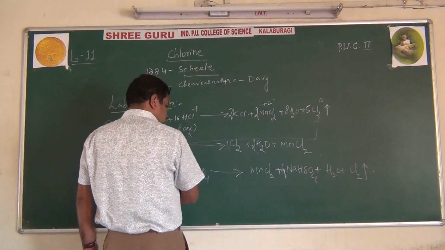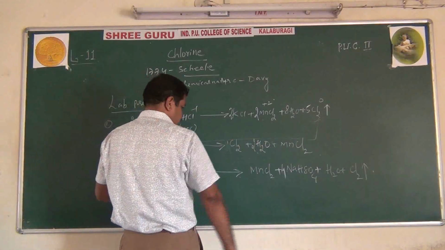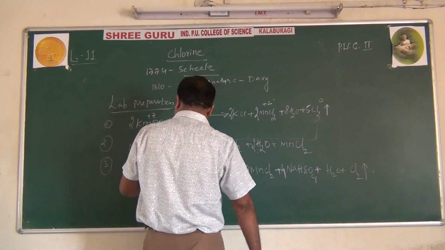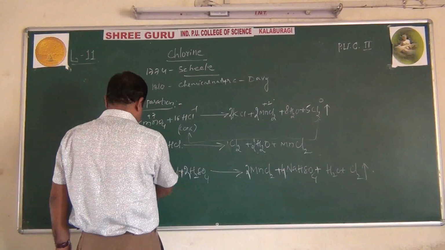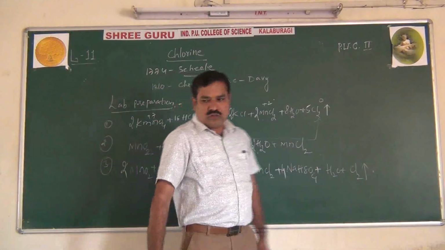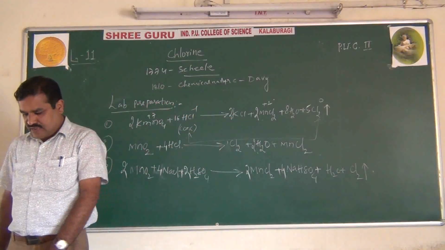So 2 H2SO4, 2 for the 8, and then 2 MnCl2, 2 MnO2, 4, 8, 12. Now this equation is not balancing. Now let us balance it.